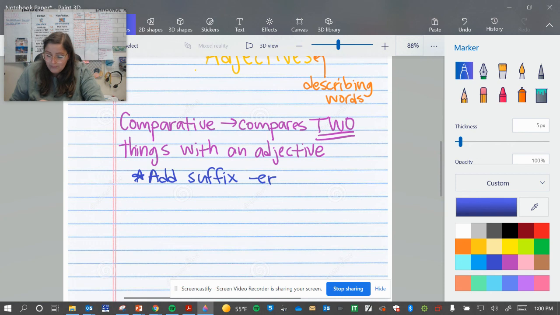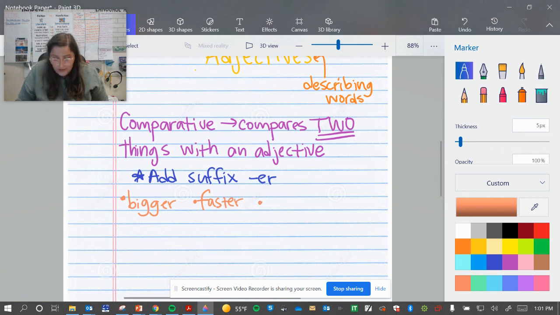Some examples, with little bullet points: bigger, faster, stronger, and one last one, cleaner. And we're going to underline those ERs. If you have a colored pencil or marker, underline it with a color.